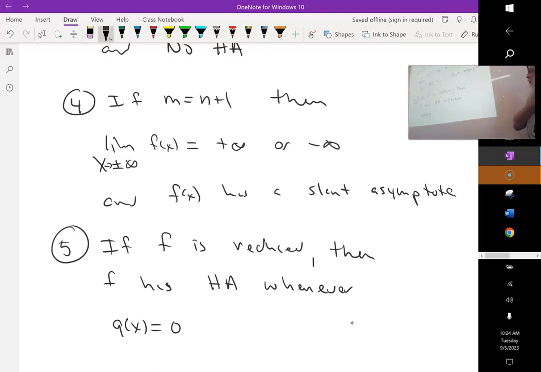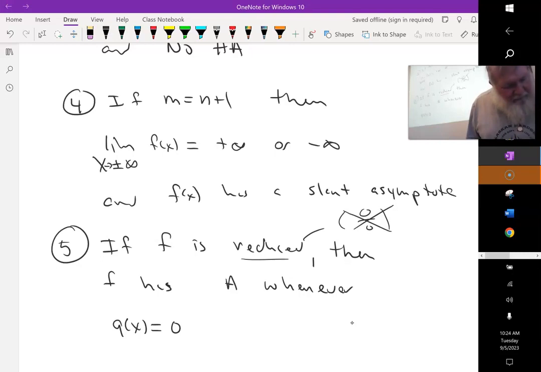And if it's reduced, the reduced part means you can't have 0 over 0, because 0 over 0 says there's algebra. But if you don't have 0 over 0 and you have 0 in the denominator, then you have a vertical asymptote. Excuse me, I wrote horizontal asymptote there when I should have written vertical asymptote.